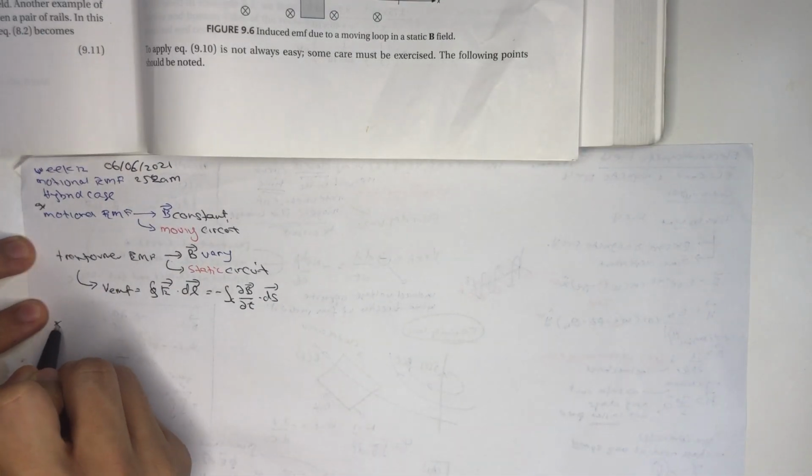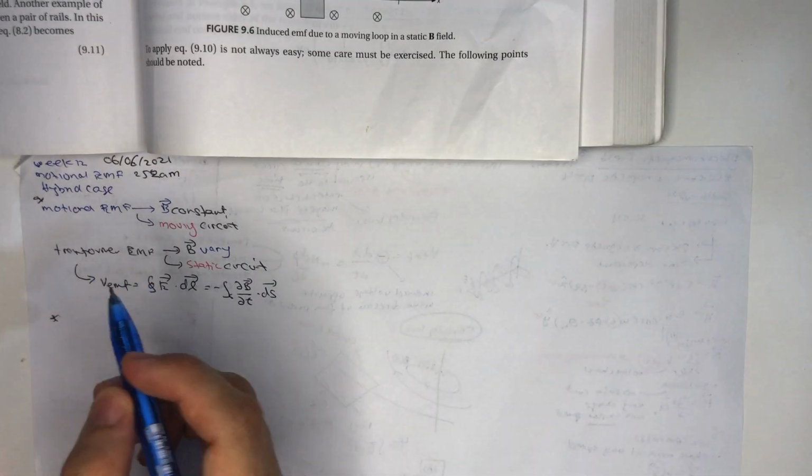Now we want to learn what actually happens in the motional EMF, where there is some movement involved. Imagine a conducting loop moving in a static B field.